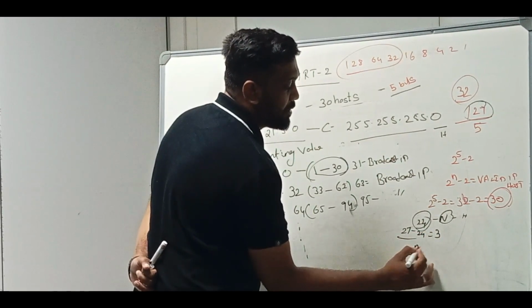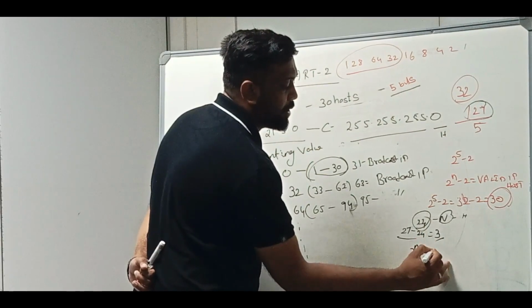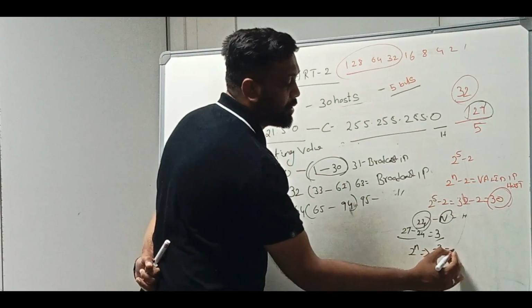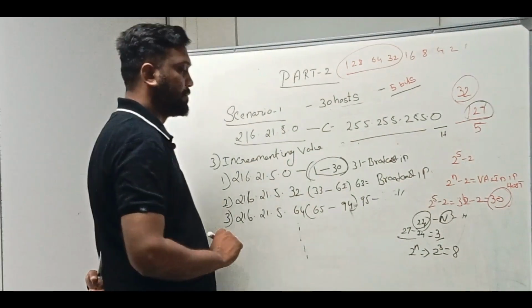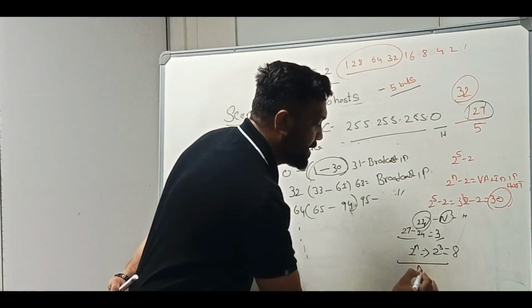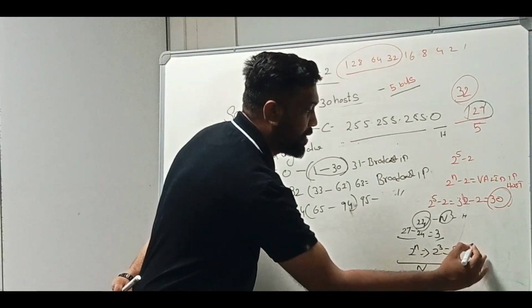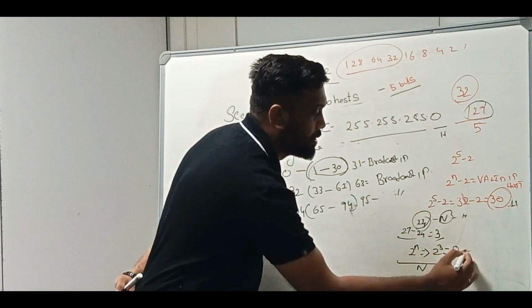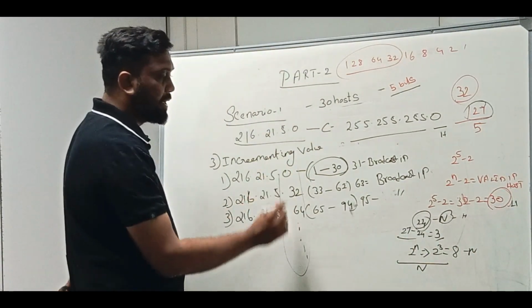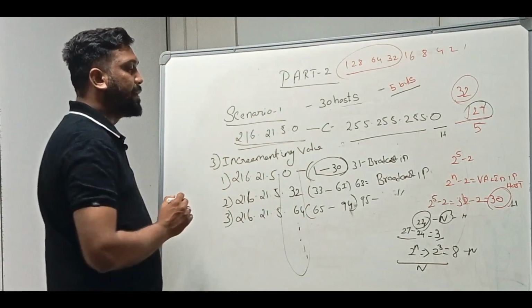Now 2 power n: if you put 2 power 3, how much is it? 8. We'll get 8 networks. This is the formula for finding networks, and that was the formula for hosts. If we continue like this, we'll get 8 networks in this IP pool.